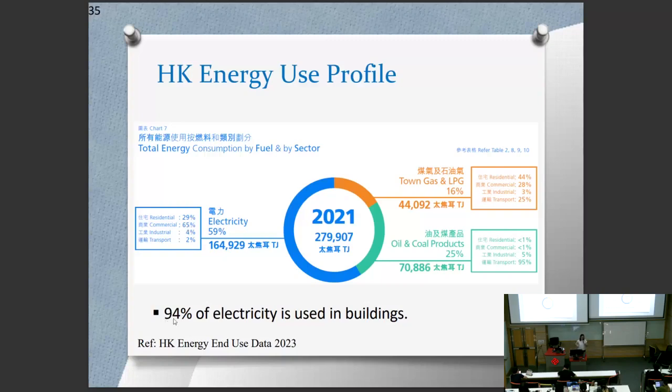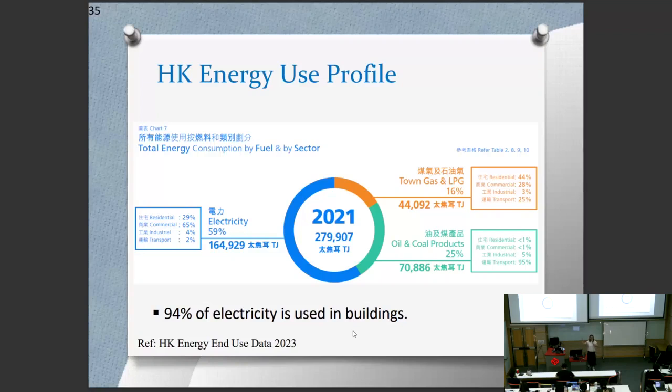So in Hong Kong, 94% of the electricity consumption will be in buildings. If you want to lower the carbon emissions, the largest source of carbon emissions in Hong Kong is due to electricity generation, and 94% of the electricity generated is actually for buildings.